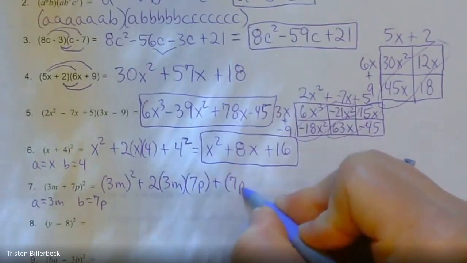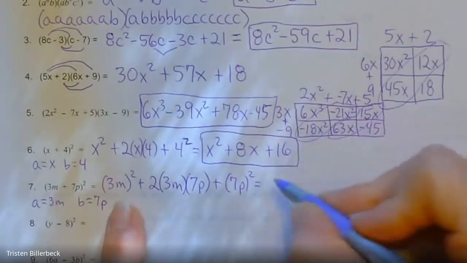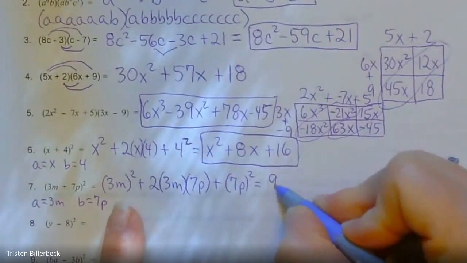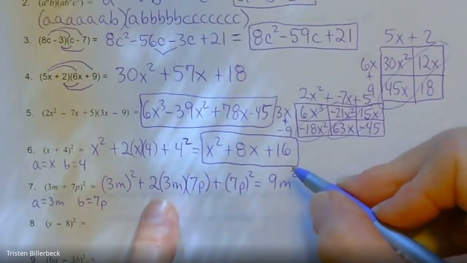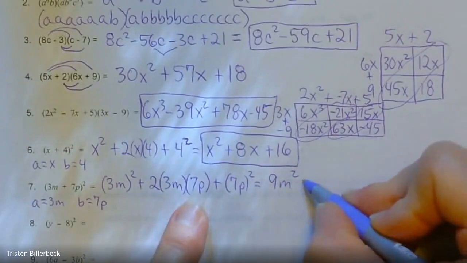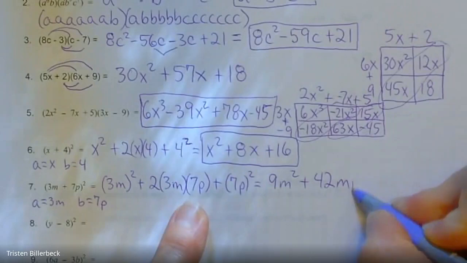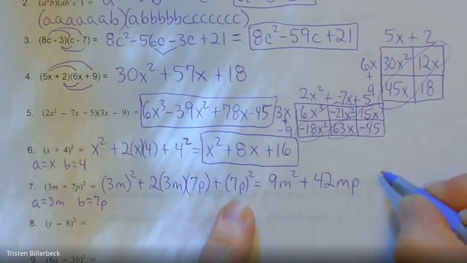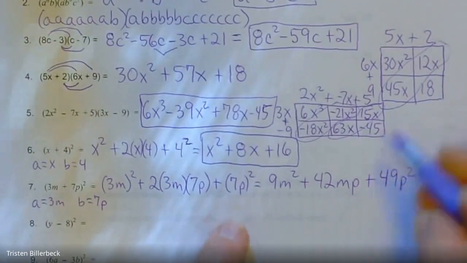So that's 7p squared. So 3m squared is 9m squared. 2 times 3 is 6. 6 times 7 is 42. So we have 42mp plus, and 7 squared is 49, and 49p squared.